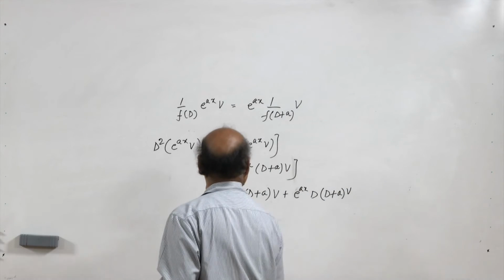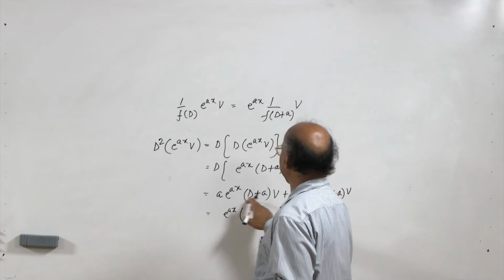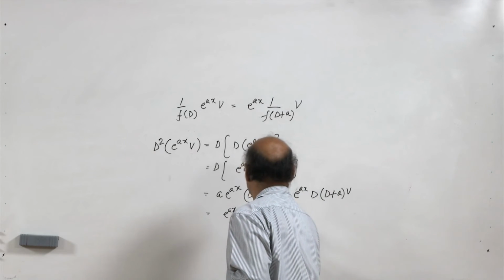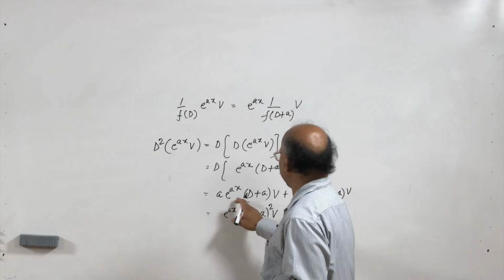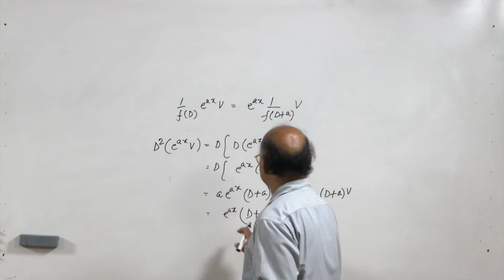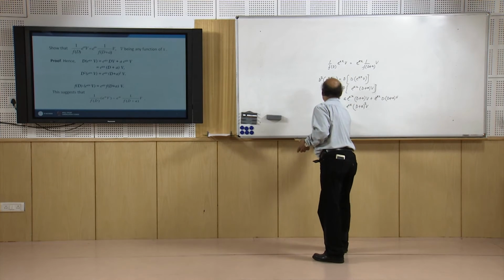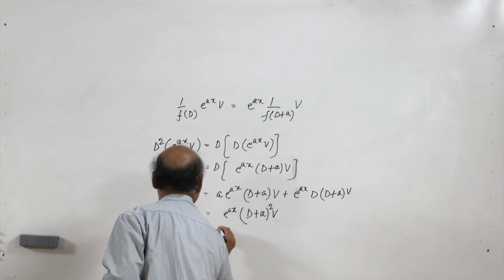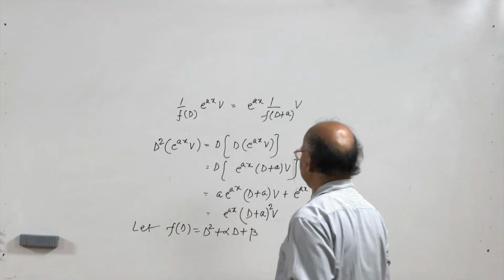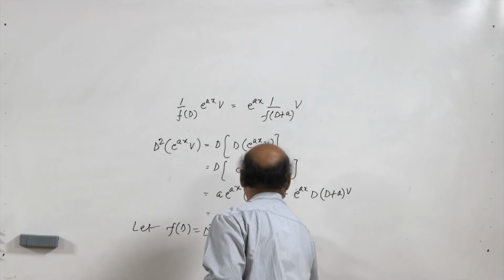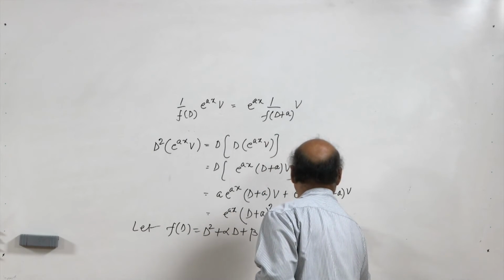Now this can be expressed as e to the power ax, then we have a Dv, a squared v, so we can write it as (D plus a) whole squared v. D times D v is D squared v, then a D v, and then another a D v becomes 2a D v, and then we have a squared v. So we get e to the power ax (D plus a) whole squared v, and thus if we apply the f(D) operator, suppose f(D) is equal to D squared plus alpha D plus beta, then f(D) operating on e to the power ax into v.